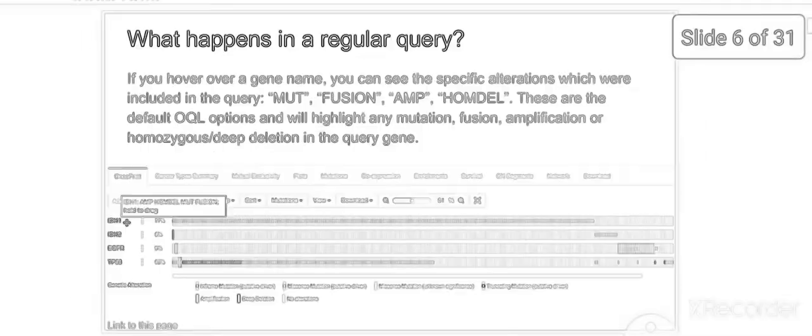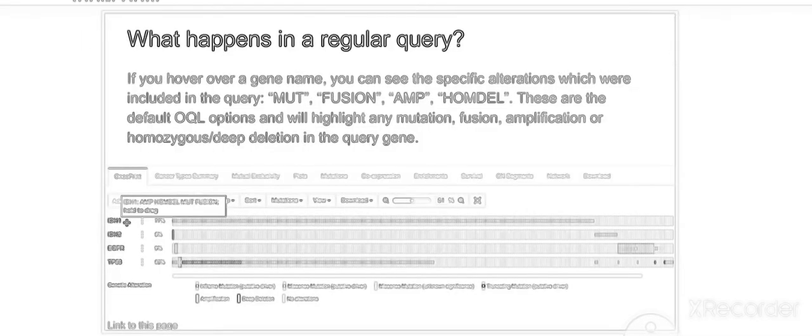If you hover over a gene name, you can see the specific alterations which were included in the query: mutation, fusion, amplification, or homodeletion. These are the default Onco Query Language options and will highlight any mutation, fusion, amplification, or homozygous deep deletion in the query gene.